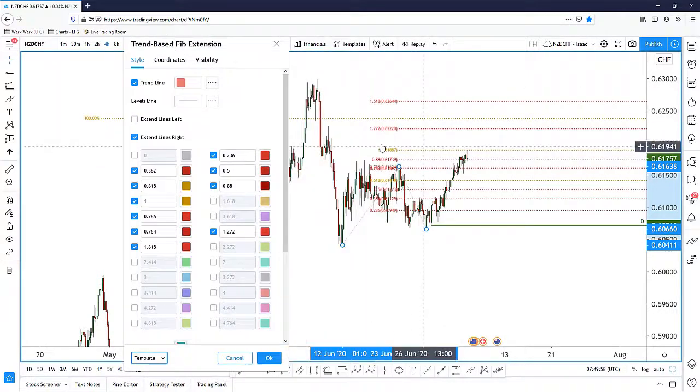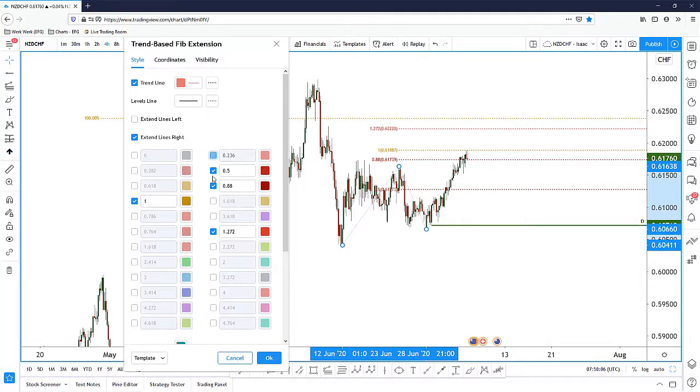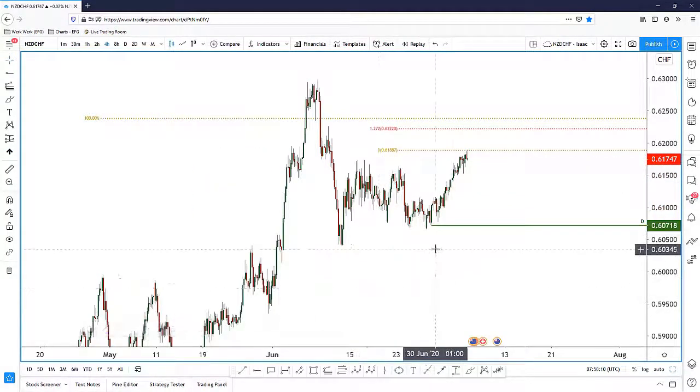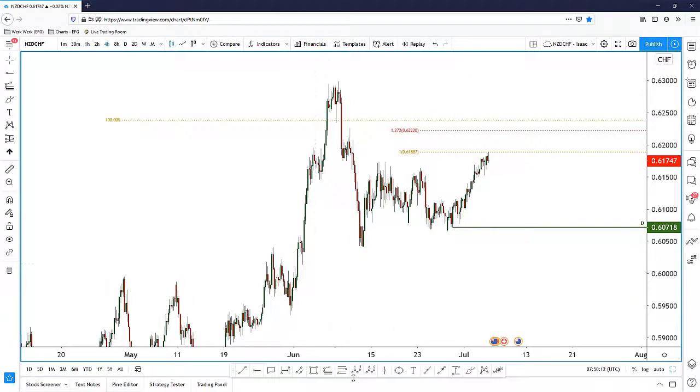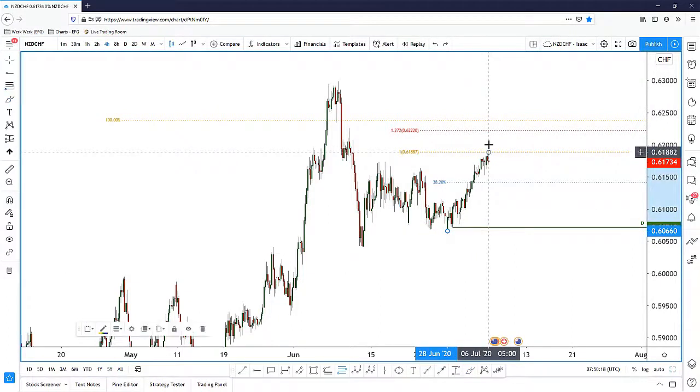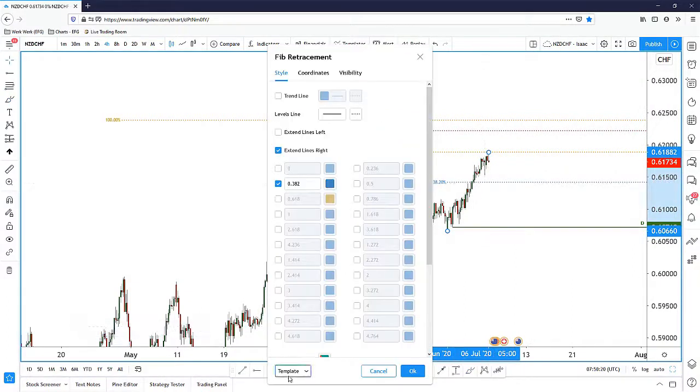Let's open our Fibonacci ratios. We see that the 100% level is here with the 127 higher. So let's just highlight these two levels. Further, we also see that price has made a straight push up, so we can use Fibonacci retracement from the low to the high, opening all Fibonacci ratios.